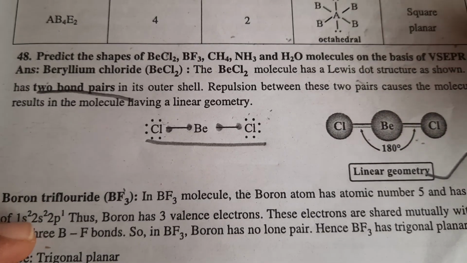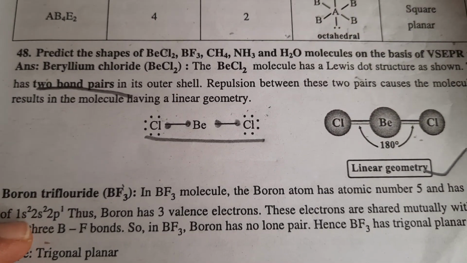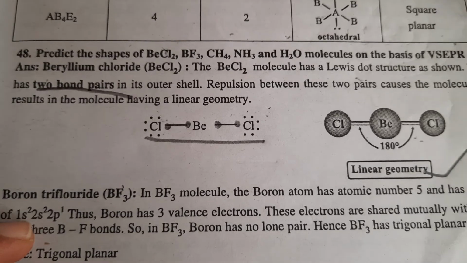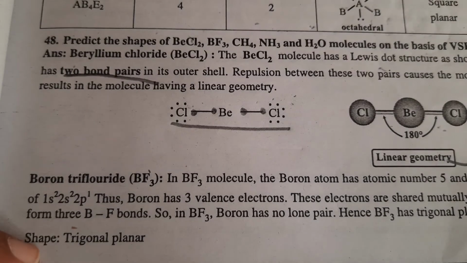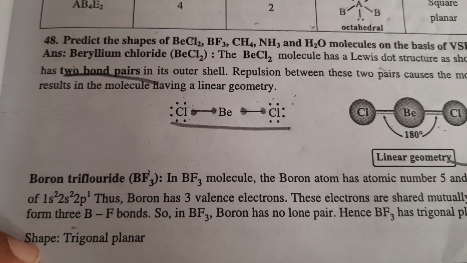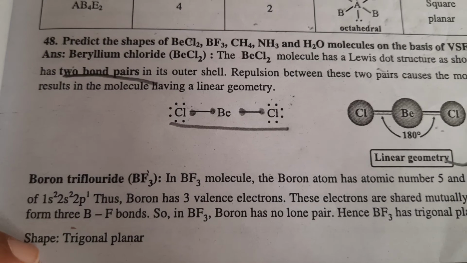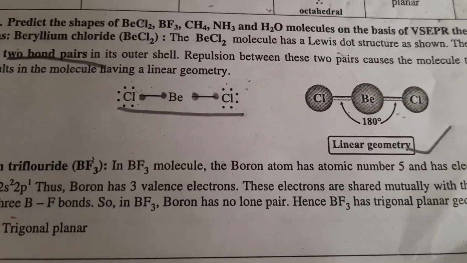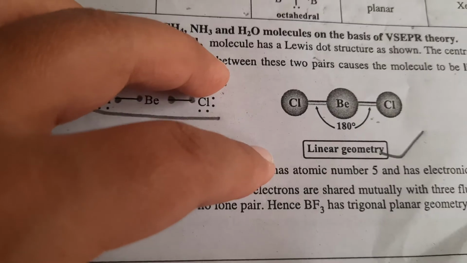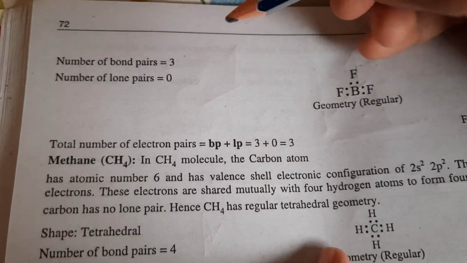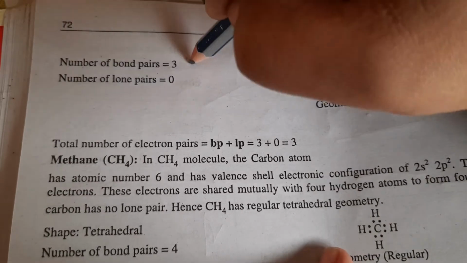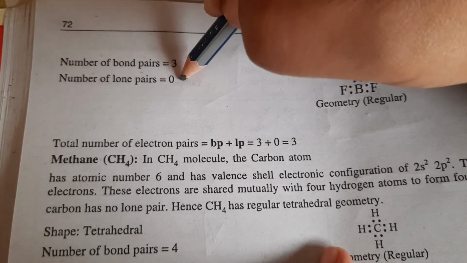Okay. Next, consider the example of boron trifluoride, BF3, which shows trigonal planar shape. I'll show you how the trigonal planar shape is shown by the BF3 molecule. When you consider the BF3 molecule, the number of bond pairs is 3 and the number of lone pairs is 0.